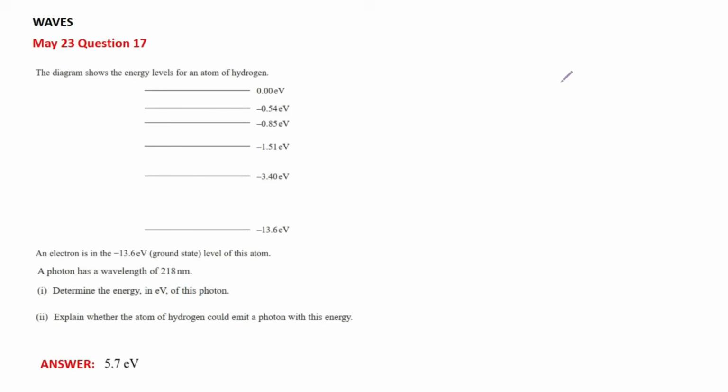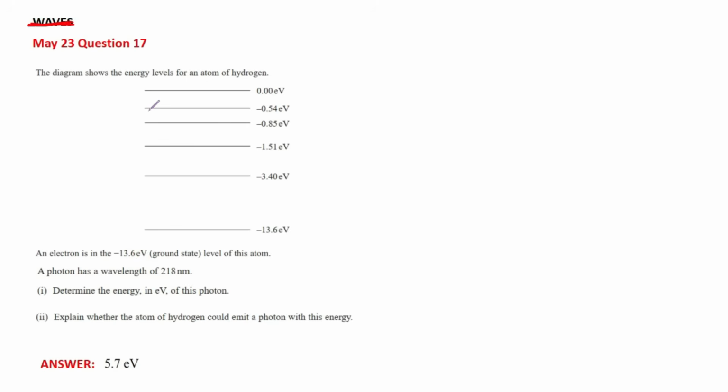The next and last question. Again, this is not from waves, this is from nature of light. My bad. The diagram shows the energy levels from an atom of hydrogen. The electron is in the minus 13.6 electron volt level. See, this electron volt is another unit of energy that we were just discussing previously.